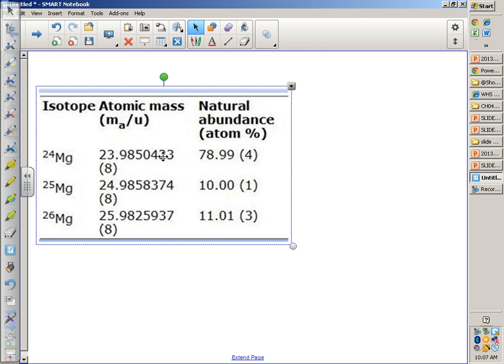If you know the atomic mass of each individual isotope of magnesium, and what percentage each one of those shows up in nature, guess what you can do? Find the average atomic mass. So why don't we do that and find the average atomic mass for magnesium? Let's go through that calculation and find out what we get out of these numbers.